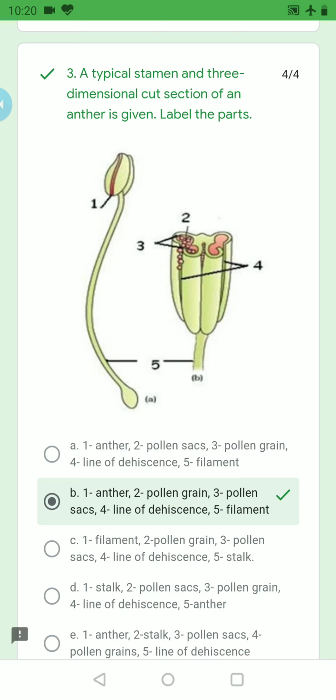The first label is anther, the second label indicates the pollen wall, the third label is pollen sacs, the fourth label is the line of dehiscence, or split open, and the fifth label is filament.